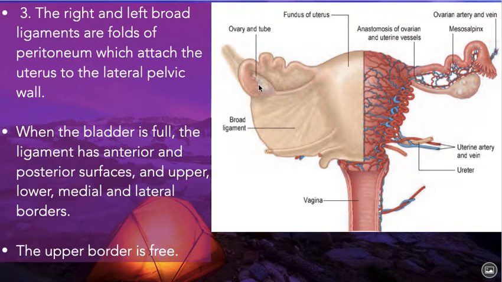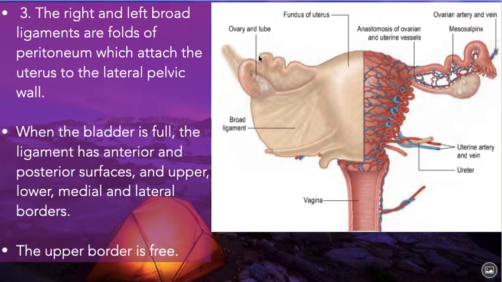Now, the right and the left broad ligaments are folds of the peritoneum which attach the uterus to the lateral pelvic wall. When the bladder is full, this ligament has an anterior and a posterior surface and upper, lower, medial and lateral borders.